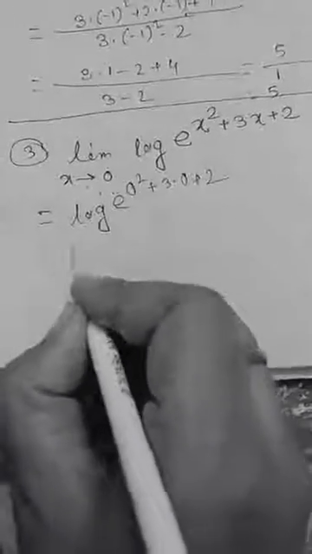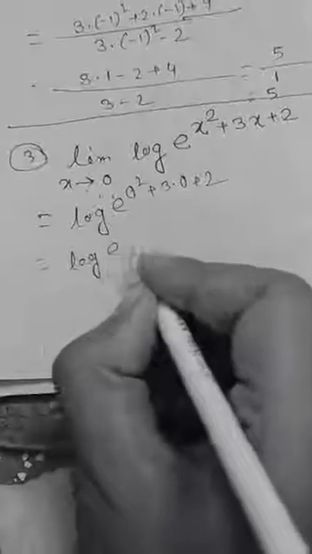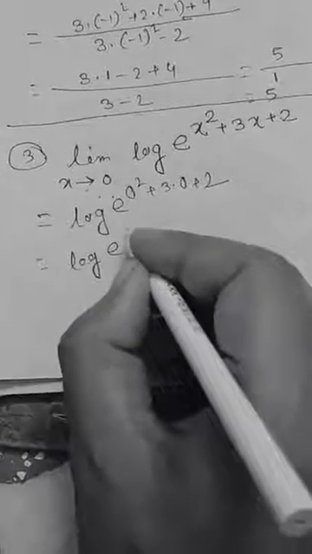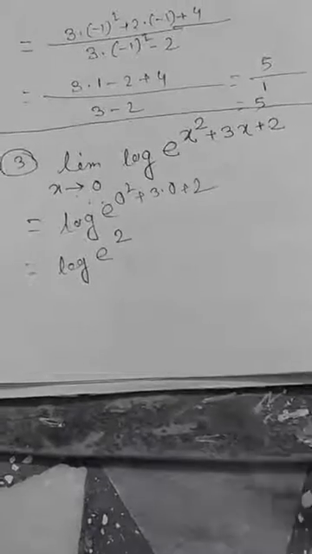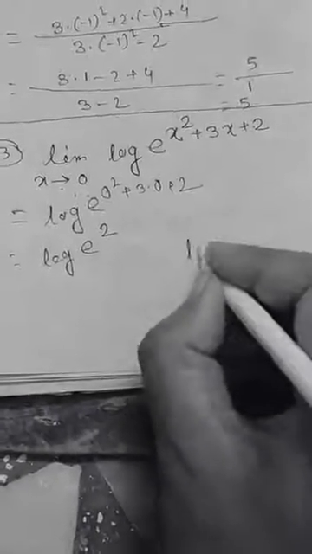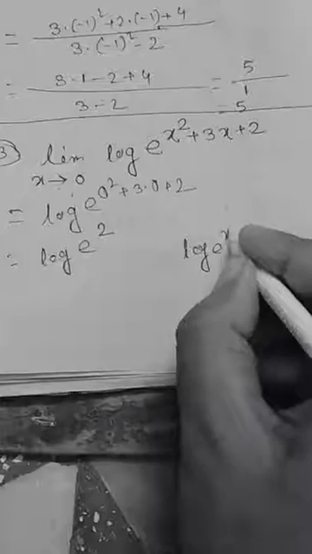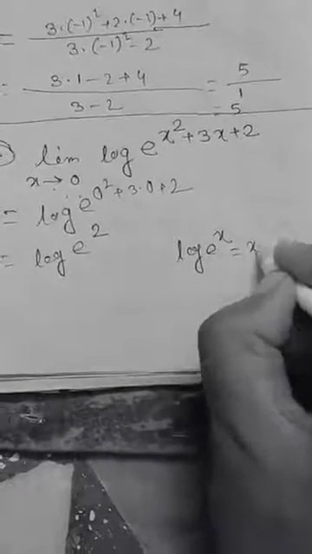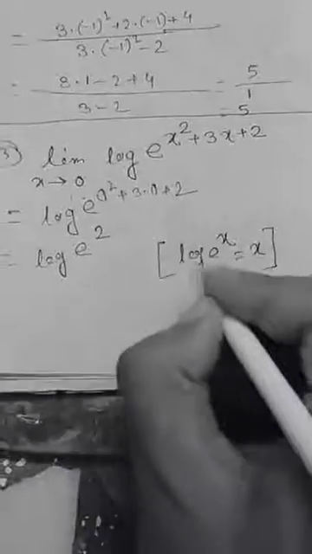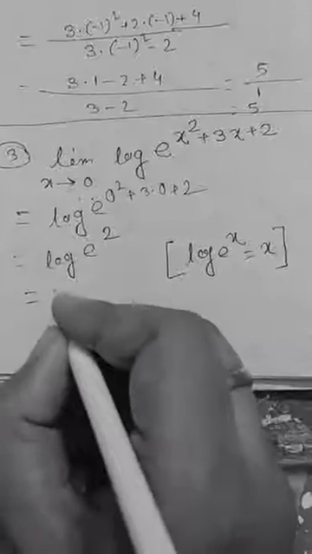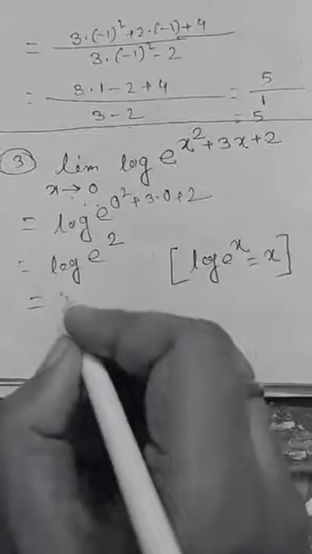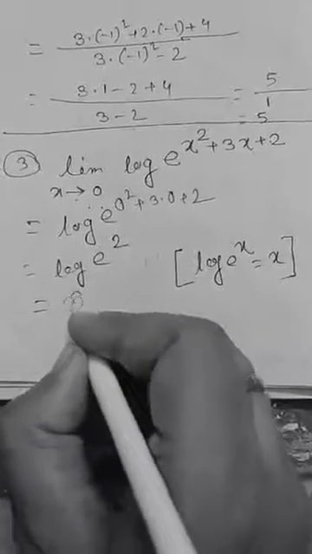That means log e to the power 2. And we know that log e to the power x is equal to x. So by this property, this is equal to 2.